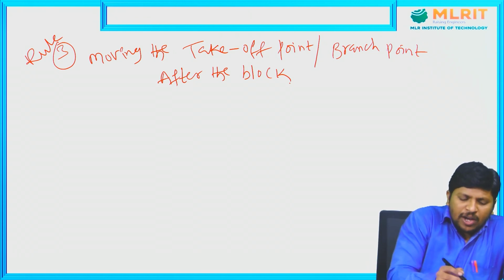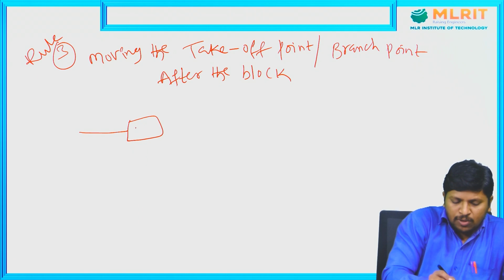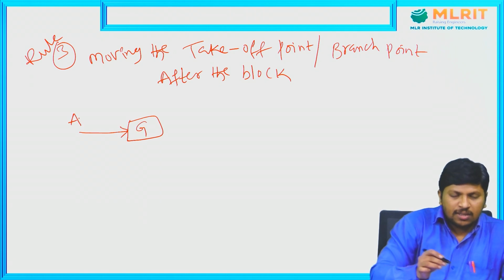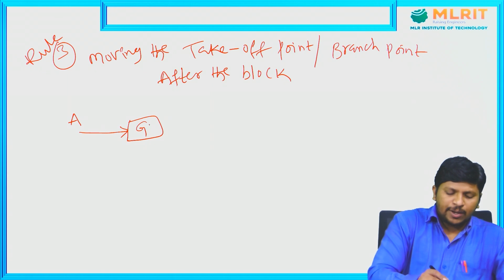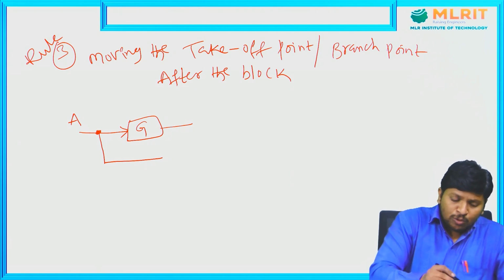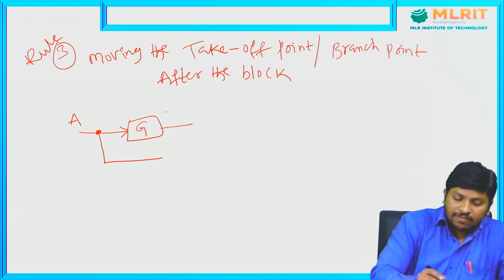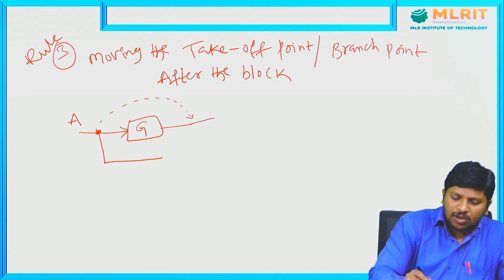Now I am going to consider one block, and I write G. My input signal is A and the block is G. My take off point is here. This is the take off point. Now I am going to move the take off point, or branch point, to after the block.